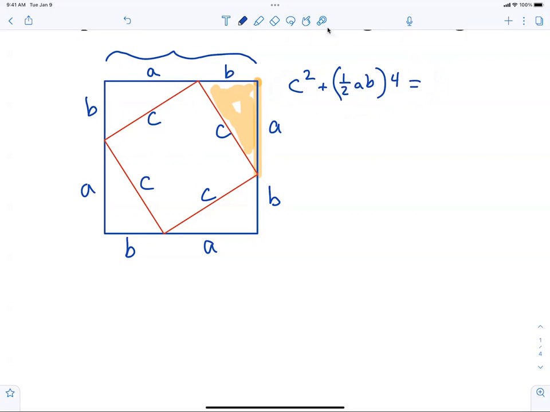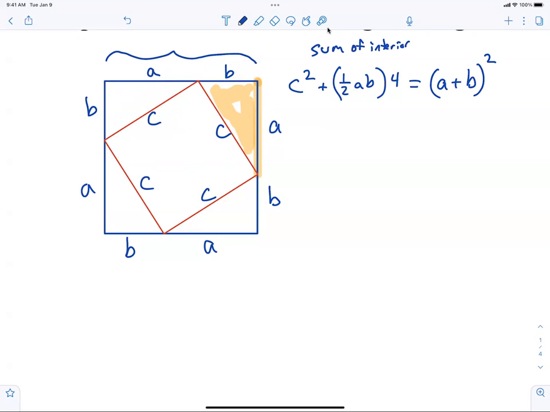Equals. Now, how would I calculate the area of the big square? With the outer. A plus B squared. You are amazing. Thank you. All right. So these represent the sum of the interior, right? And this is just the product of length times width of the big square.